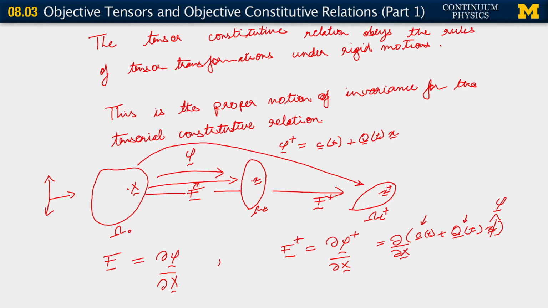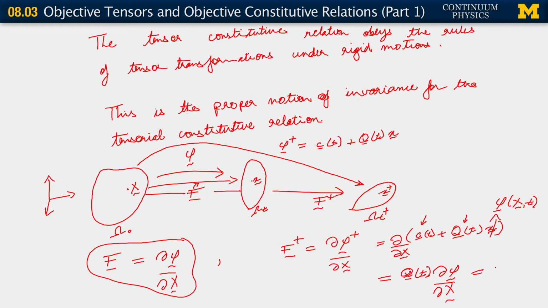Phi, however, which is the same as little x, does depend upon the reference position. So when we carry this out, for F plus we get Q, function of time, times the partial of phi with respect to capital X. But the partial of phi with respect to capital X was the original deformation gradient.